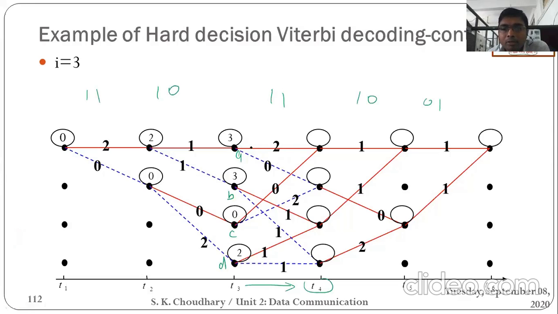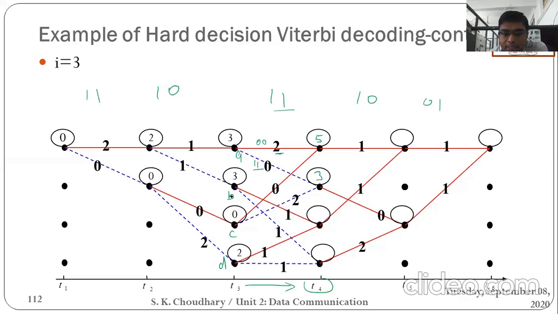Now from here again the two possible branches, 0 and 1 for different input. When you receive the 0, what is the output? It is 0, 0. So your Hamming distance is 2. Now add it 5. Now when you have received the input as a 1, so your output is 1, 1. Compare 1, 1 with this 1, 1. So your Hamming distance is 0. So here 3.